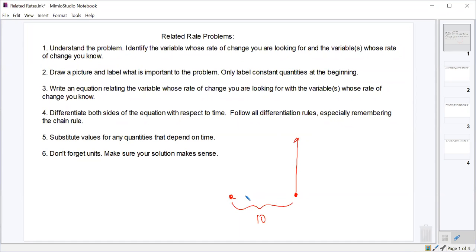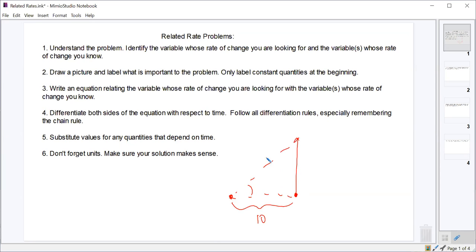This distance between me and the starting point of the bear didn't change. The distance between me and the bear is changing, right? And the bear is moving at a certain speed. We couldn't label this distance because it's changing. We couldn't label the angle because the angle is changing, but we could label the 10 because that bear was 10 feet away from me when it decided that it was afraid of me. Good or no?